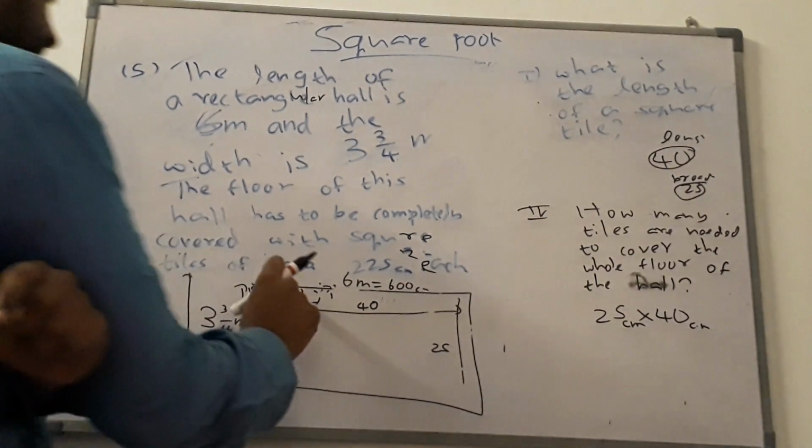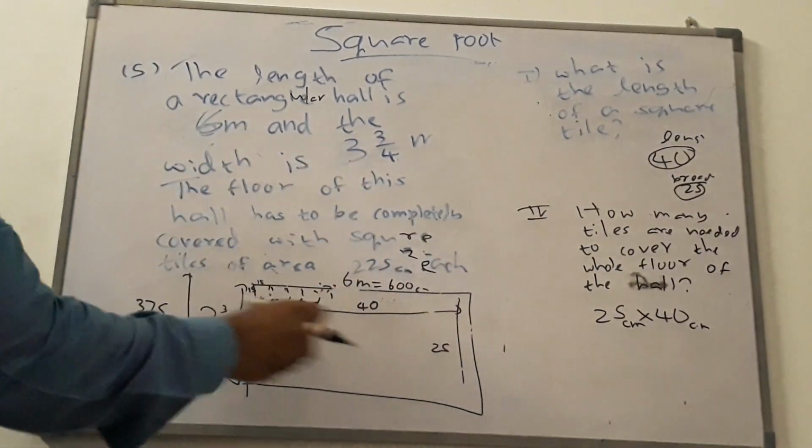There are 40 tiles in a row. There are 25 such rows. So we have to multiply 40 by 25.